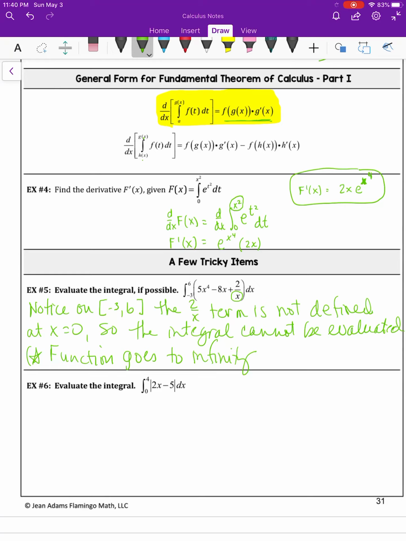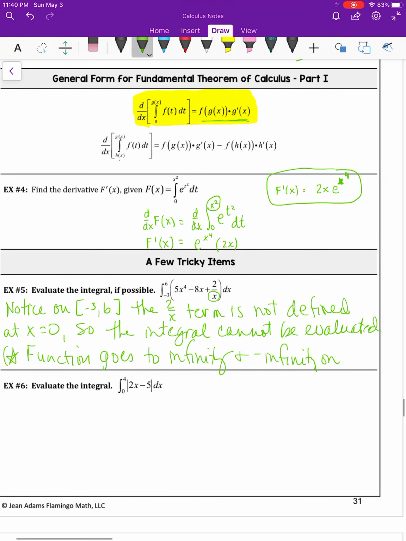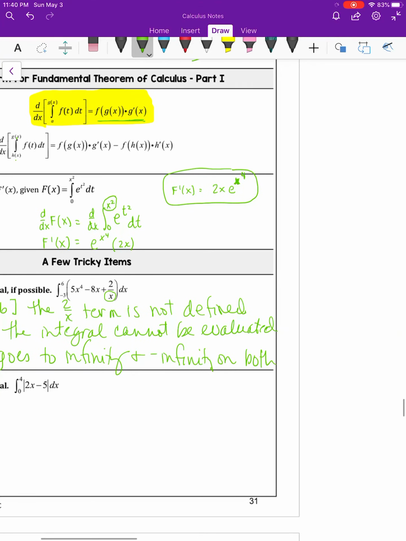And I just put like a star. Function goes to infinity and negative infinity on both sides of 0.